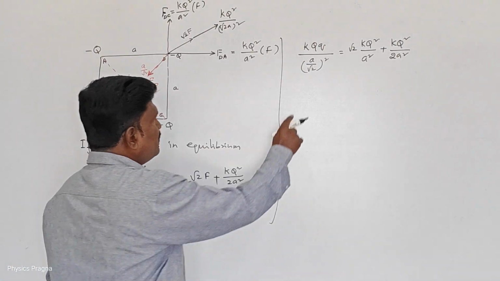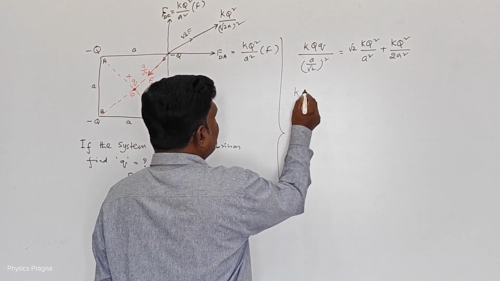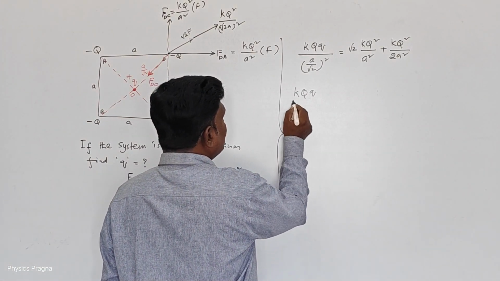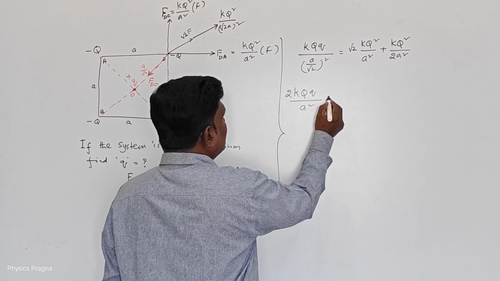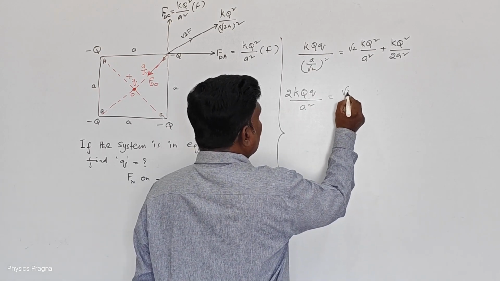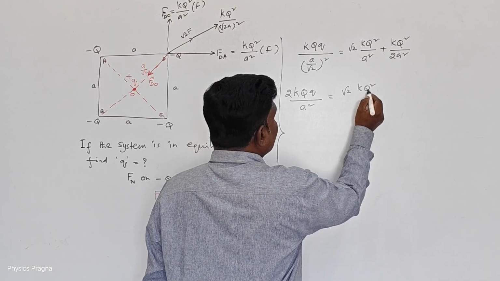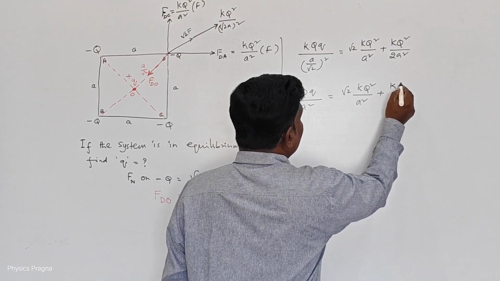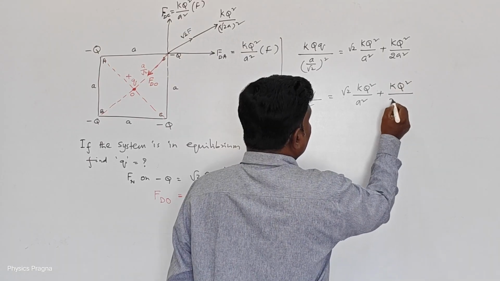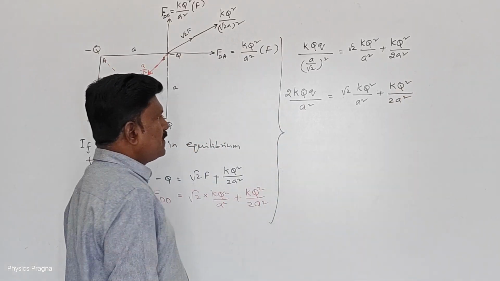So further I simplify it like this: K capital Q small q by a square by 2 is equal to root 2 K Q square by a square plus K Q square by 2a square.